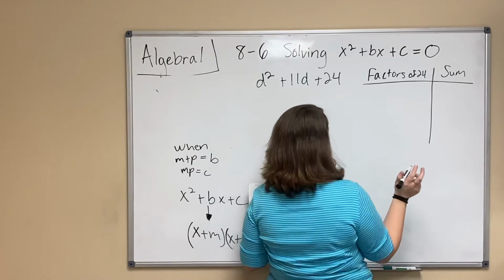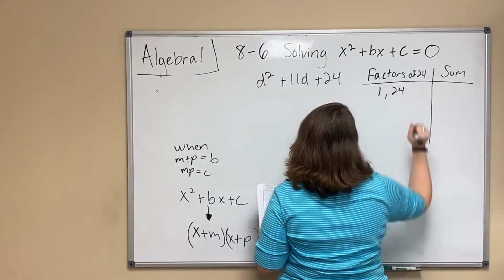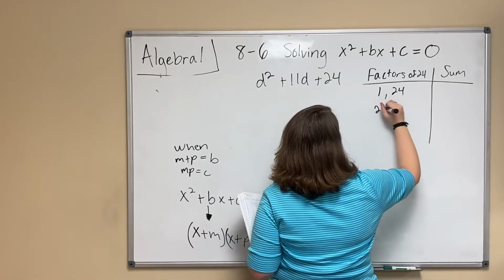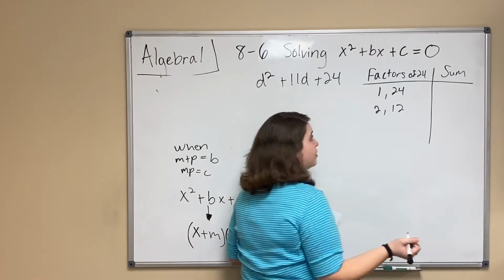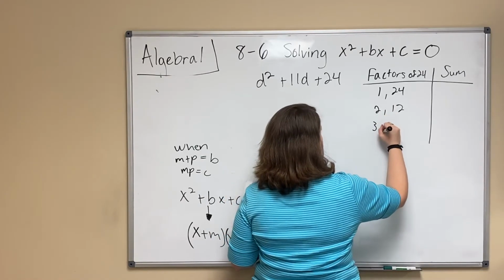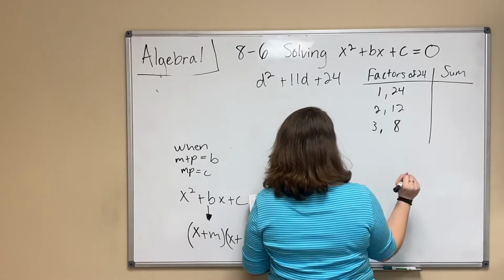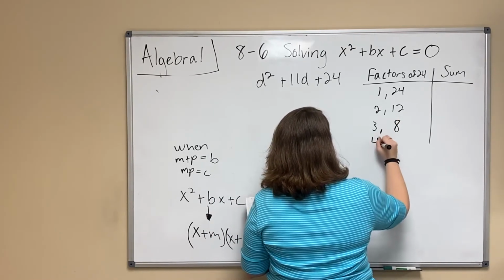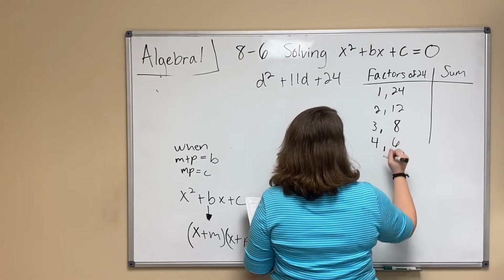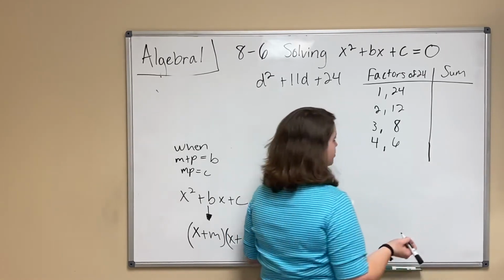So first things first, we'll break down 24. First of all, we have 1 and 24, right? 1 times 24 is 24. Then I have 2 and 12. 2 times 12 is 24. I could do 3 and 8. I could do 4 and 6. So those are all of our factors of 24.